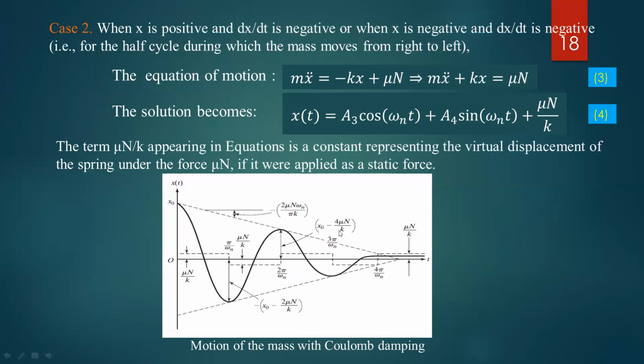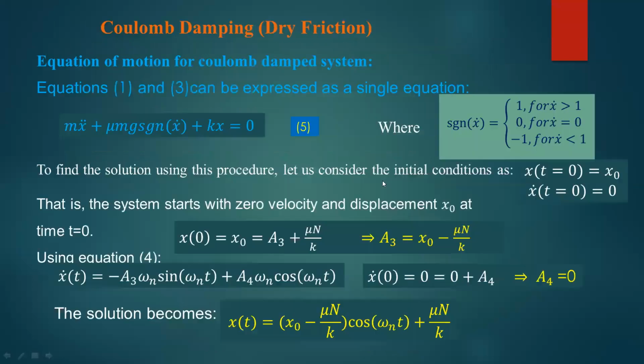But here, it is not like that. This is just a constant decrement. At every 1/4 of a cycle, there is a mu N over k decrement in the amplitude. In one complete cycle, there is a 4 mu N over k decrement in the amplitude. So that is what we call Coulomb damping condition.